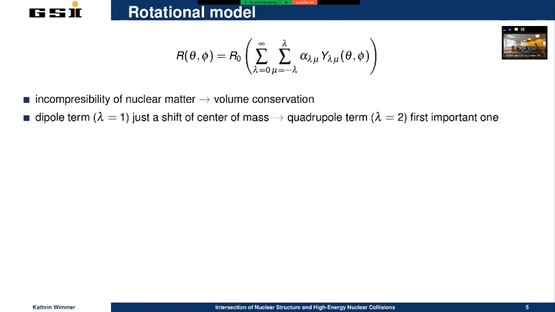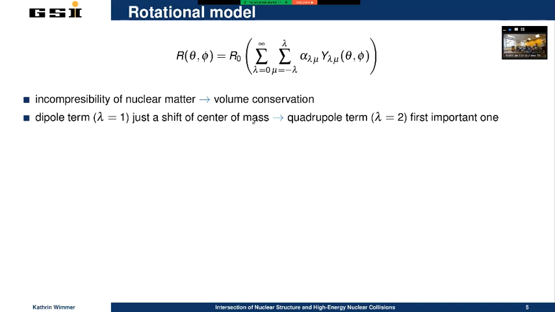Okay, but let's say the usual way or the most simple way to relate our experimental observables to the deformation is to look at the rotational model. And I'm sure this equation has been shown many times, where the nuclear surface is expanded in terms of the spherical harmonics with the coefficients alpha, and then you assume the incompressibility of the nuclear matter or volume conservation.